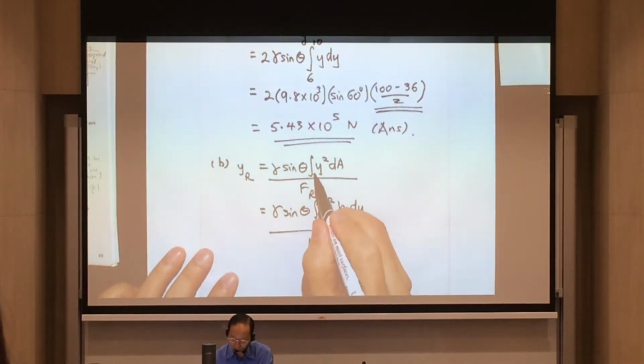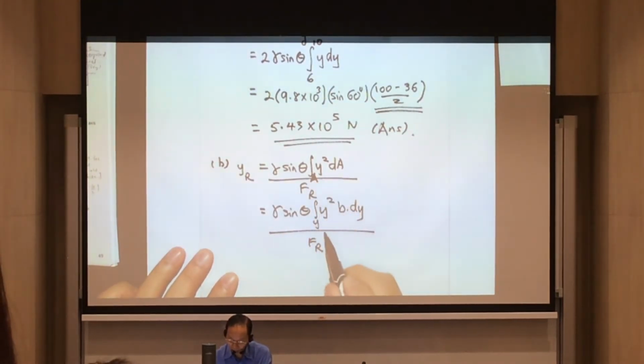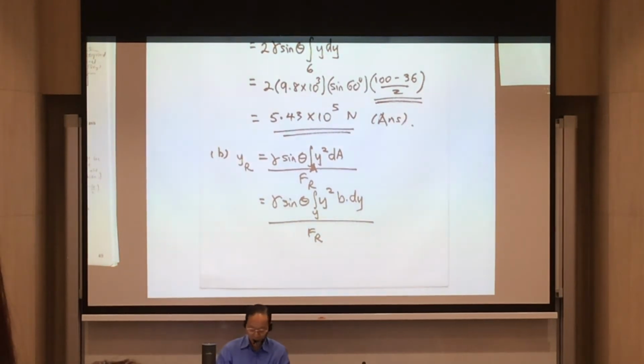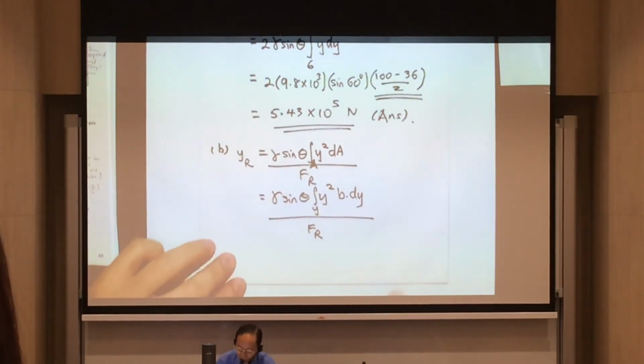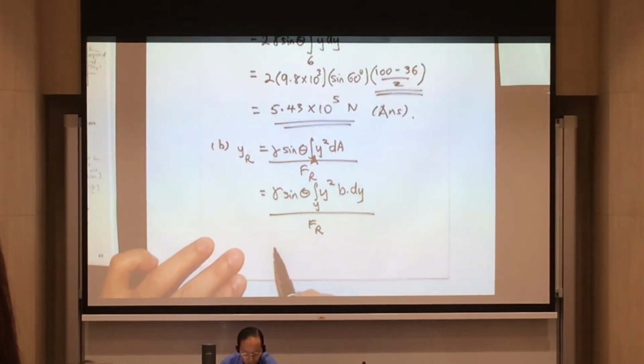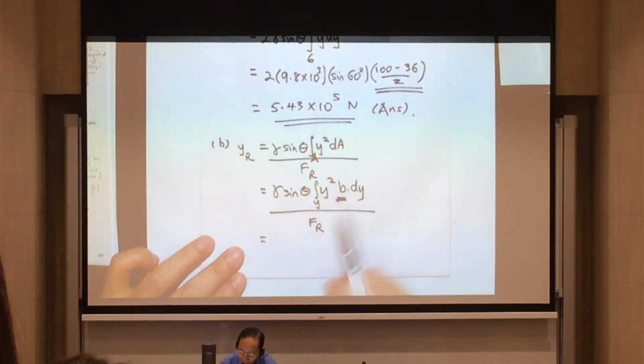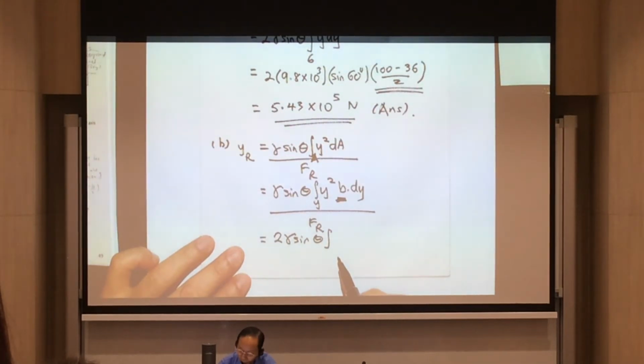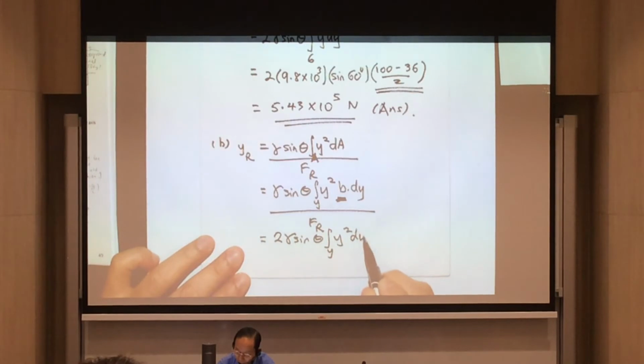So this was integral over A, now it's over y. So as before, D is equal to 2, so we bring the D out, bring out 2 gamma sine theta integral over y squared dy over FR.